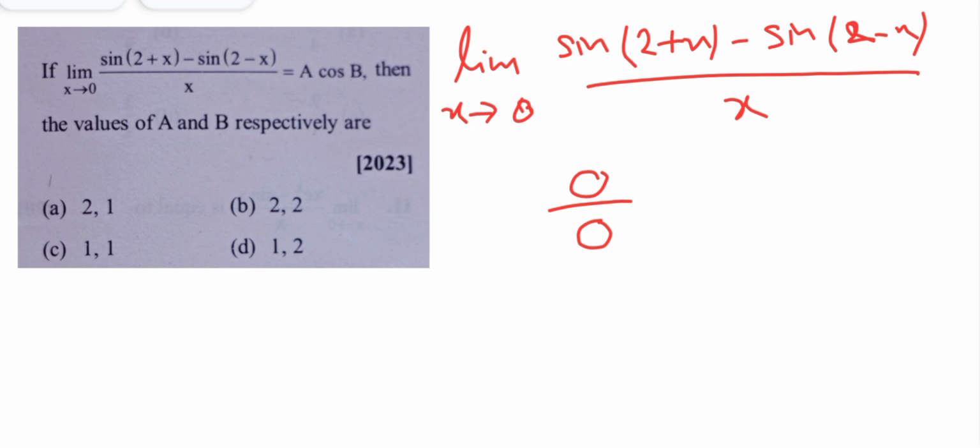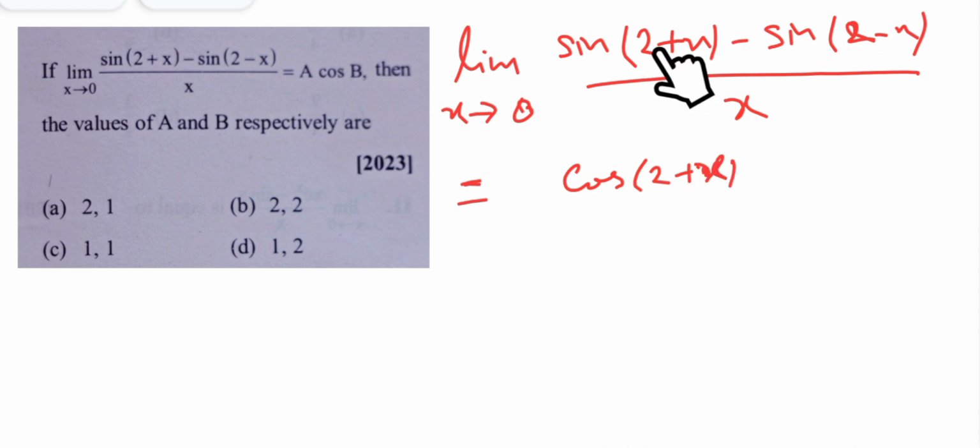In L'Hospital's rule, to find the limit, we differentiate the numerator and we differentiate the denominator. If I differentiate the numerator, the derivative of sin(2 + x) is cos(2 + x), and then the derivative of 2 + x is 0 + 1, so multiplying by 1, no need to write.